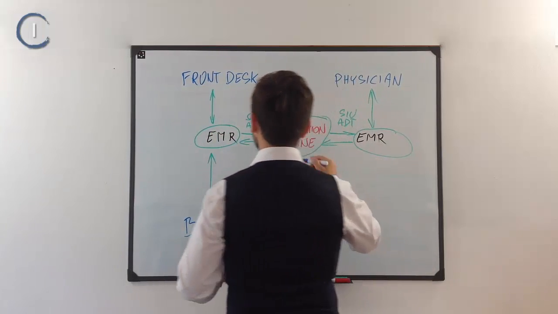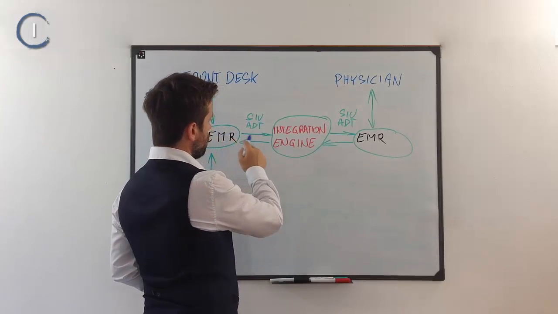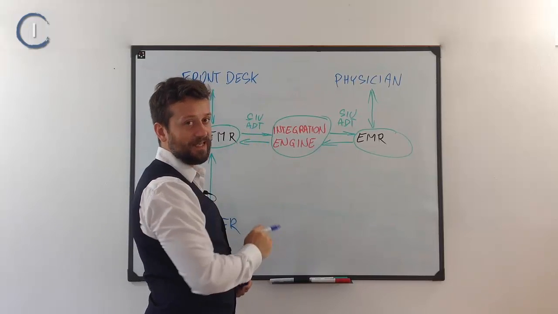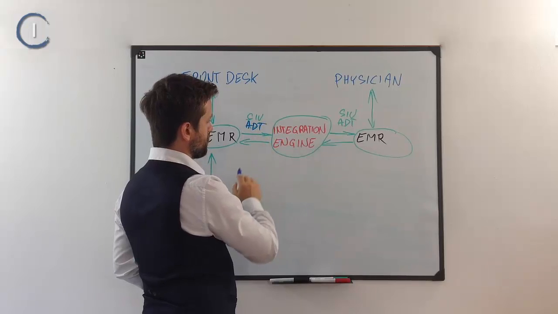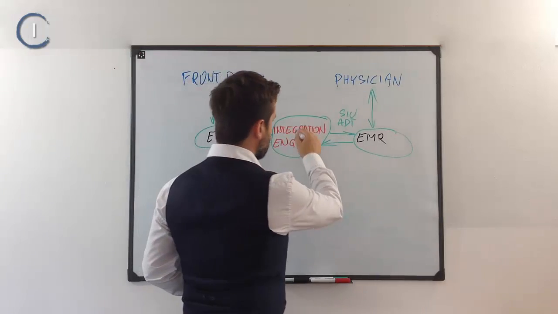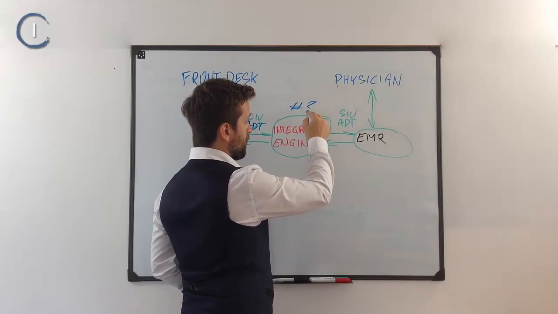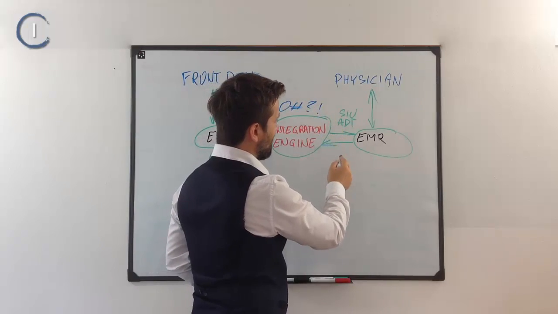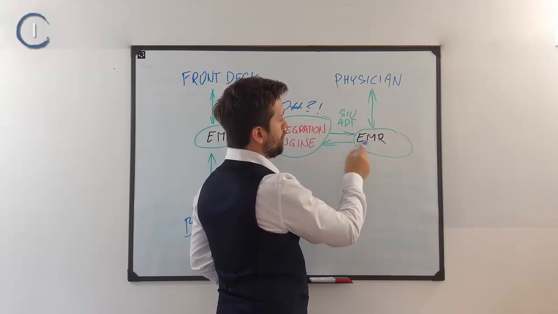Then that data is sent from that vendor to the integration engine, as ADT type messages. The messages are processed here, certain logic is applied, something is happening here, and after that it is sent further to the physician.